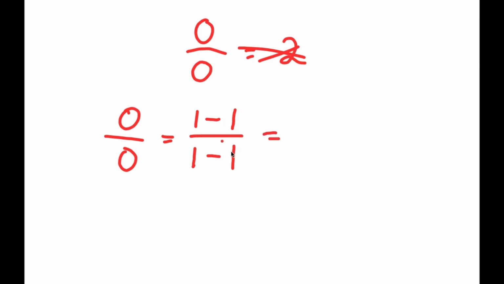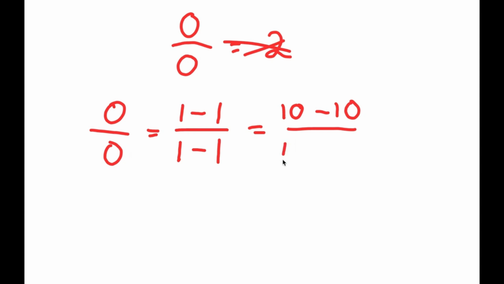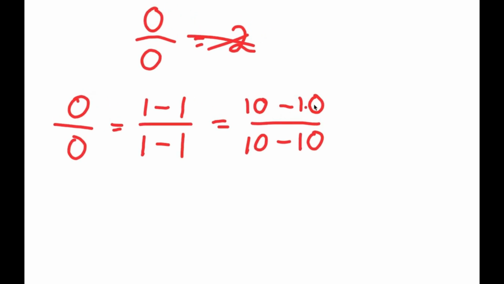Now if this is true, then this is also the same thing as 10 minus 10, and I have this over 10 minus 10 as well. So these two are the same thing. And if this is true, then this is also the same thing as 100 minus 100. So I have 100 minus 100 over 100 minus 100.